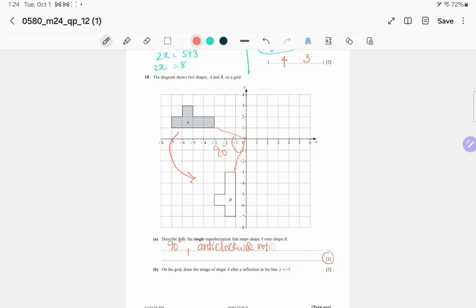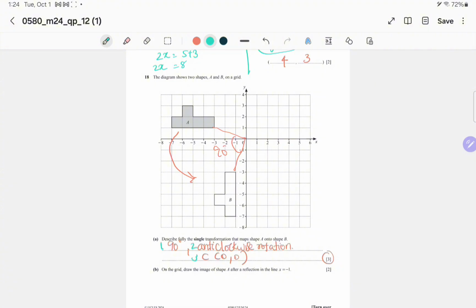And the third part is the center was (0, 0). These are the points you need to remember: this is 1, this is 2, this is 3. You have to write all these 3 to get the full answer.